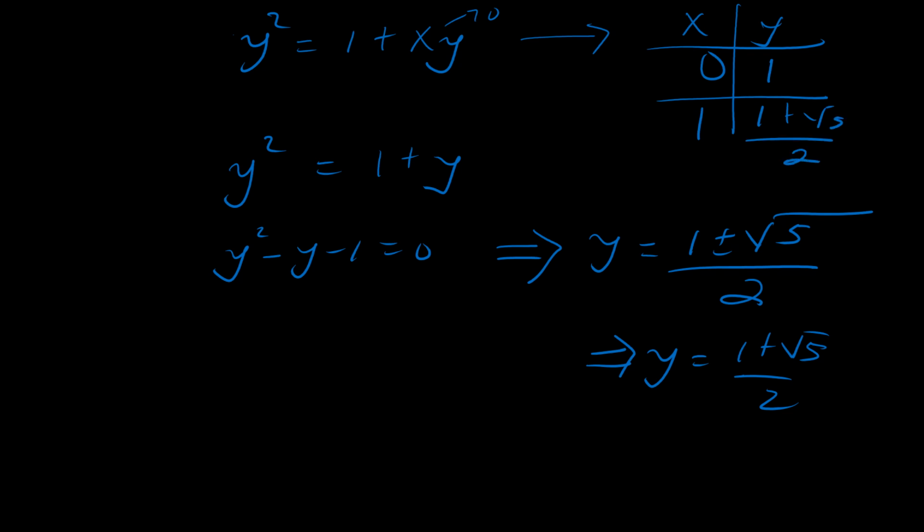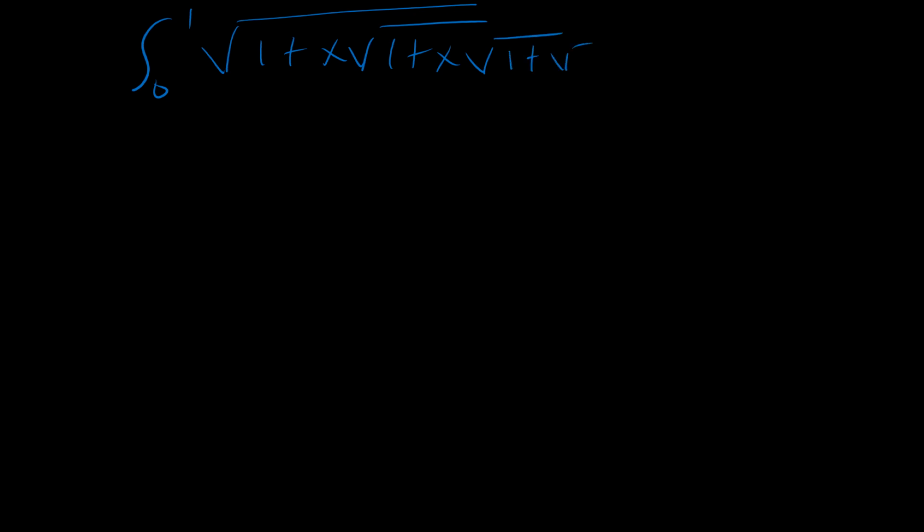Okay, so let's now go and try and solve this. So the integral from x equals 0 to x equals 1 of the square root of 1 plus x square root of 1 plus x square root of 1 plus x, and so on. This is the same as we saw.